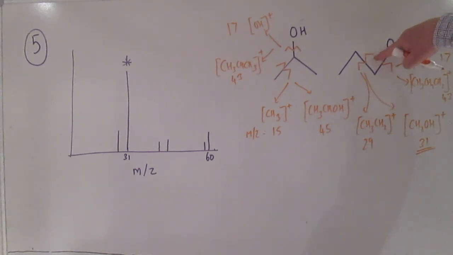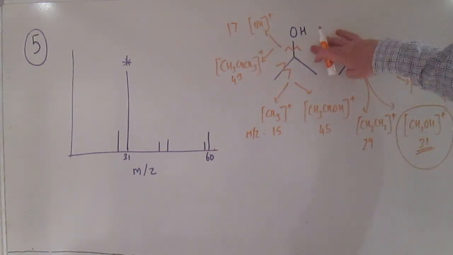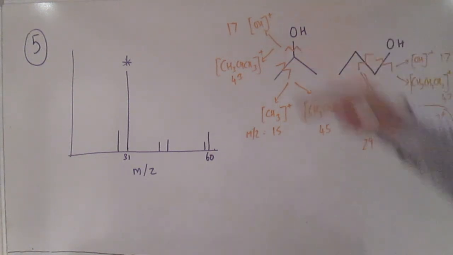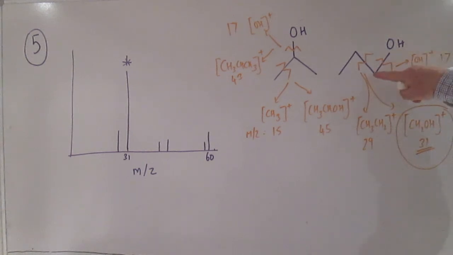So that fragmentation to give you CH2OH plus could explain the well-populated peak at 31, whereas if it was propan-2-ol, none of the plausible fragmentations could explain that. So that's strong evidence to support the idea that this is more likely to be propan-1-ol than propan-2-ol, because you can explain the 31 fragment here as that, you can't explain it there.